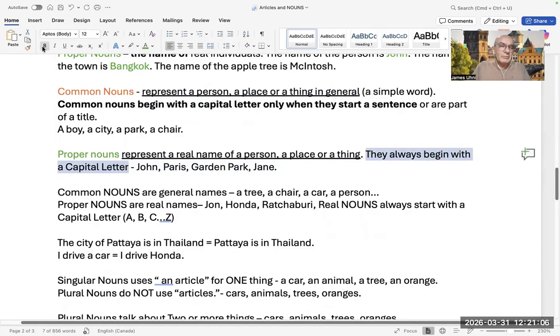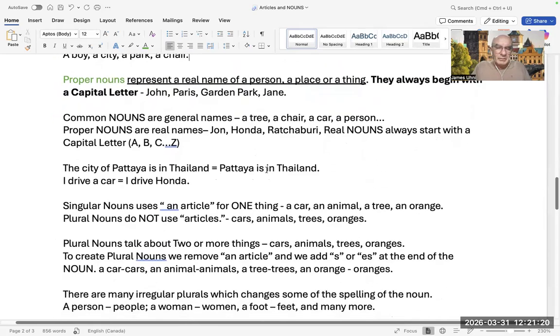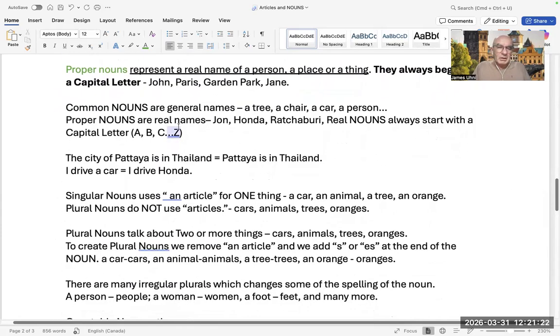That is very important. So we have John, Paris, Garden Park, Jane. Common nouns are general names. Proper nouns are real names.